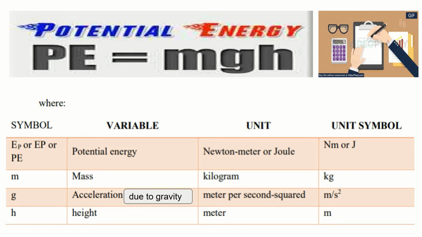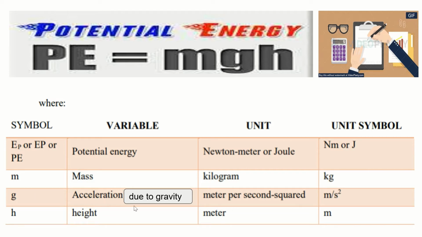In mathematical equation, potential energy is equal to mass times acceleration due to gravity times height, where EP or PE is potential energy with the unit Newton meter or joule. M is for mass with the unit kilogram.